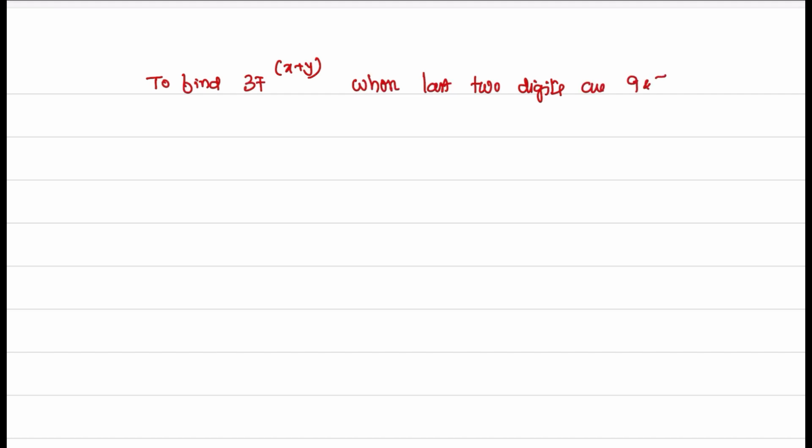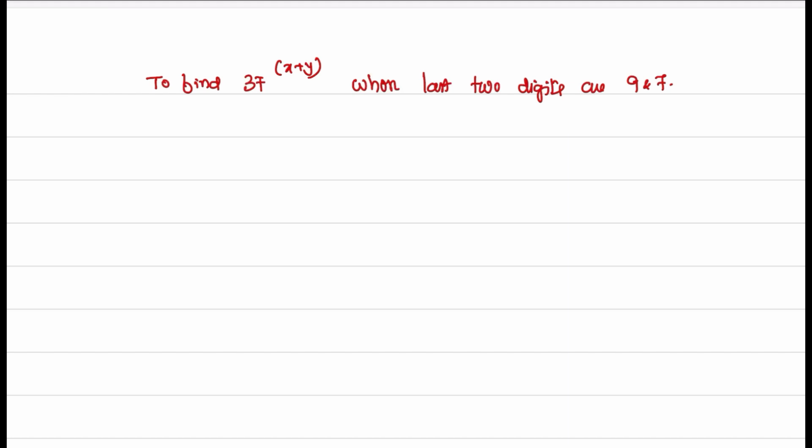I will repeat it here again. What we have to find is 37 to the power of x plus y whose last two digits are 9 and 7.